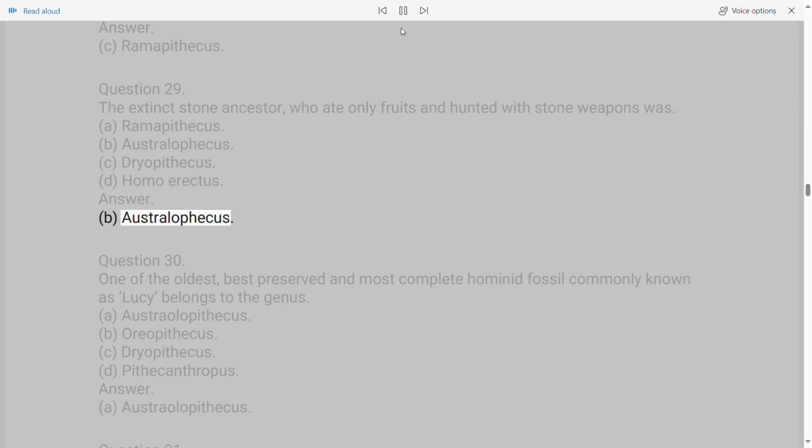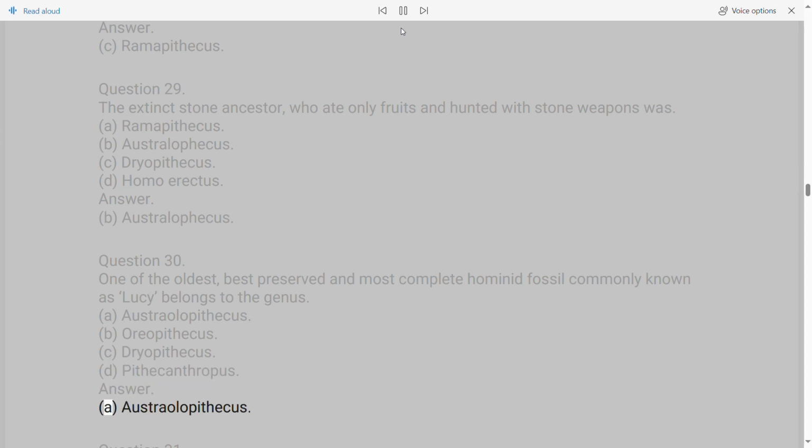Australopithecus. Question 30. One of the oldest, best preserved and most complete hominid fossils, commonly known as Lucy, belongs to the genus A. Australopithecus. B. Oreopithecus. C. Dryopithecus. D. Pithecanthropus. Answer.